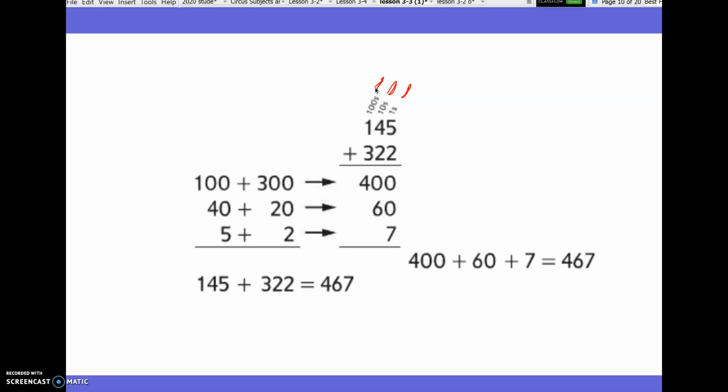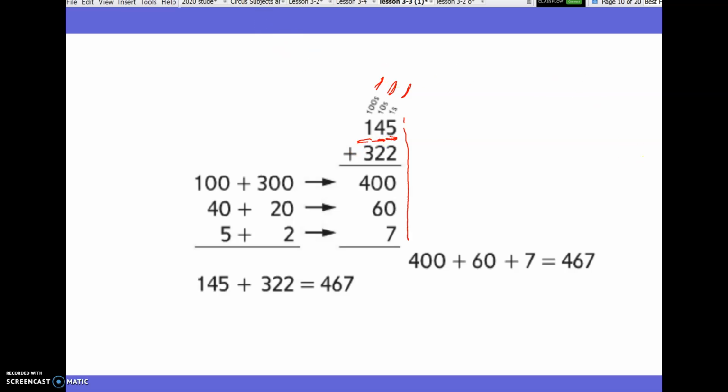The numbers going down in the ones, underneath that one, that's the ones column. Then we have our tens column, and then we have our hundreds column. The numbers in our ones column represent ones. The numbers in the tens column represent tens. The numbers in the hundreds column represent hundreds. So this is 5 ones, that's 4 tens, that's 100.